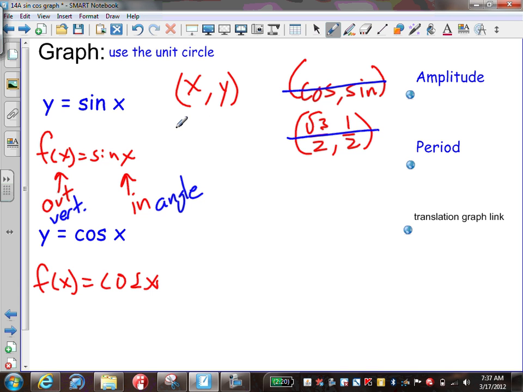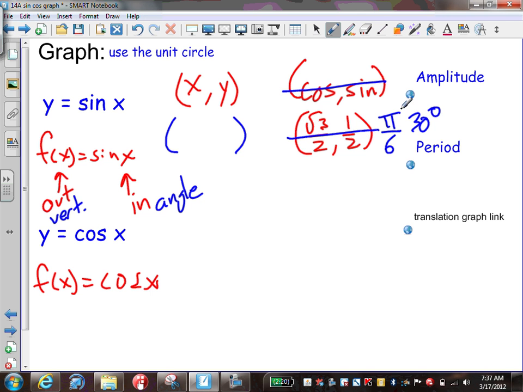So our new x and y, for instance, where we have a sine of 1/2 and a cosine of square root of 3 over 2, well, where does this work? This works at 30 degrees or pi over 6, either one.